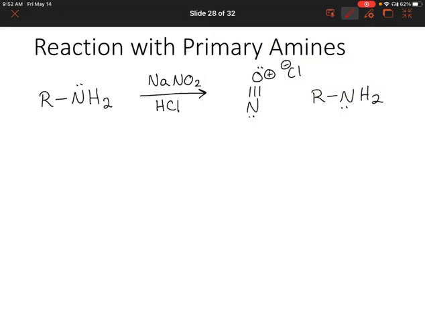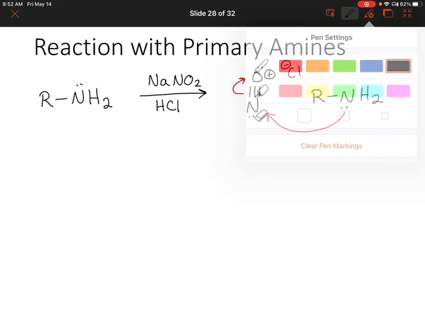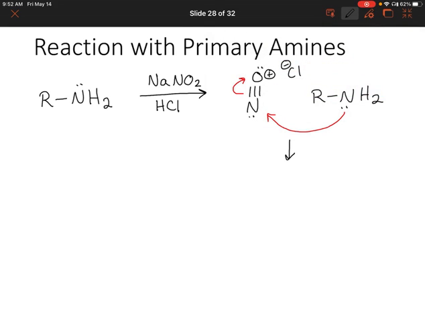So the primary amine can actually attack the nitrogen in our nitrosonium ion, because remember, in the hybrid structure, the nitrogen is partially positively charged. So what that gives us is a double bond to oxygen, and now we have a new bond to our amine.